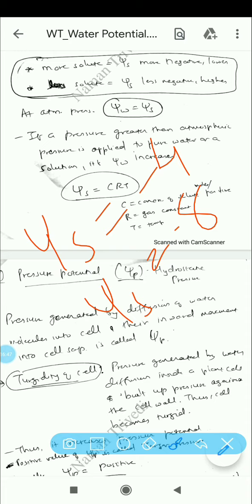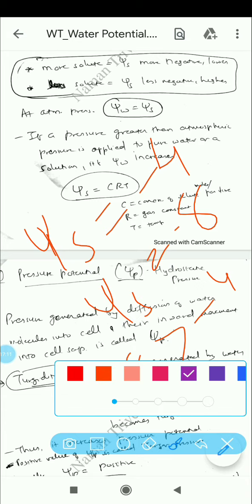Now tell me which one will have higher solute content. There is a simple logic: more solute means psi s is more negative, and less solute means less negative. So here the answer is that -8 is bigger than -4. It is not like the usual sign convention we use in mathematics.